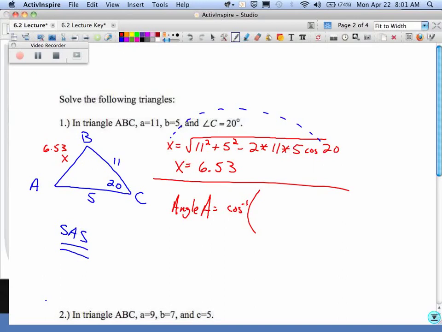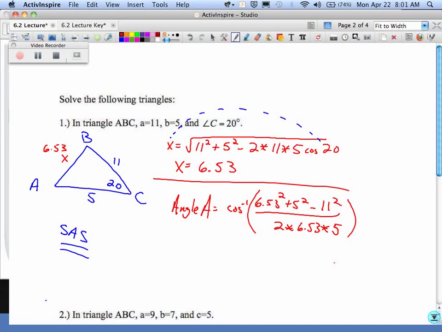But 6.53 and 5. 6.53 squared plus 5 squared minus the 11 squared. So the partner side is the only time it's used. It's subtracted up top. Then we're dividing by the two sides. So all of that goes inside the law of cosines.